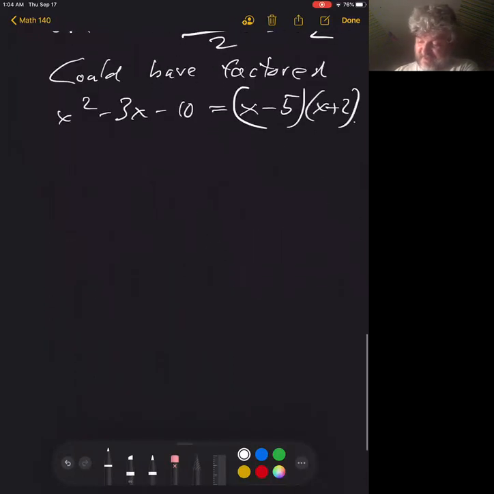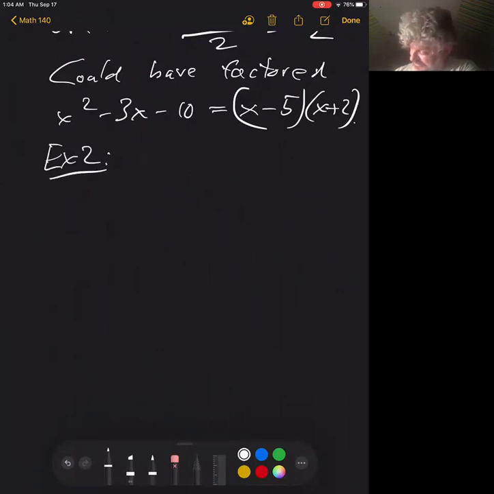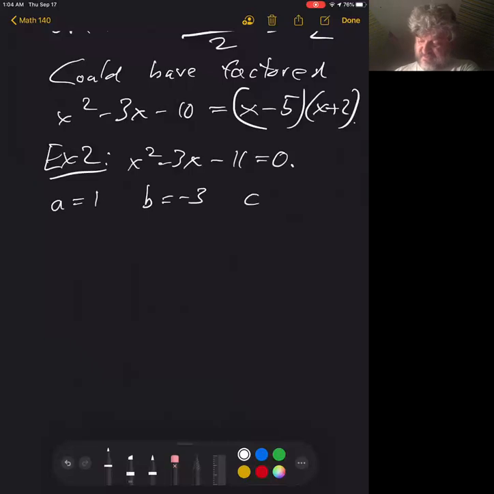So that's the second example. I got x squared minus 3x minus 11 equal to 0. So here, a is 1, b is -3, c is -11.